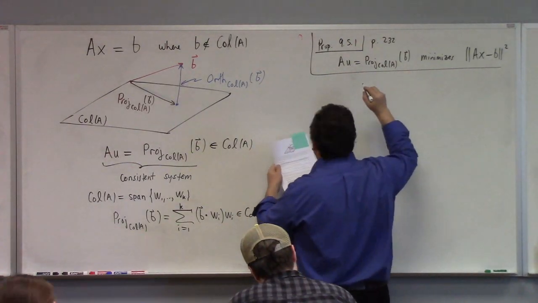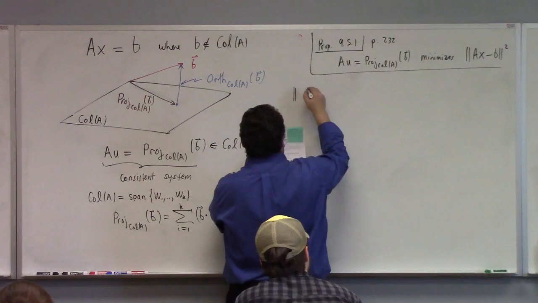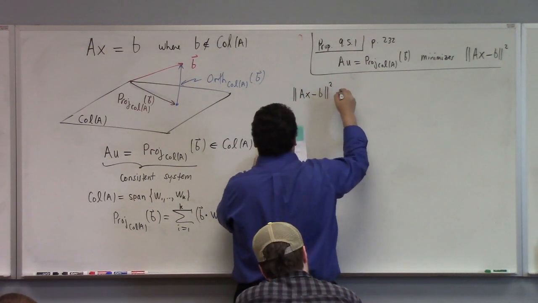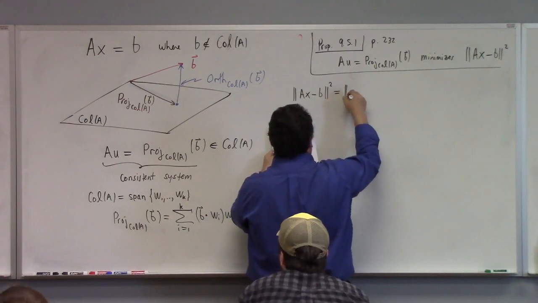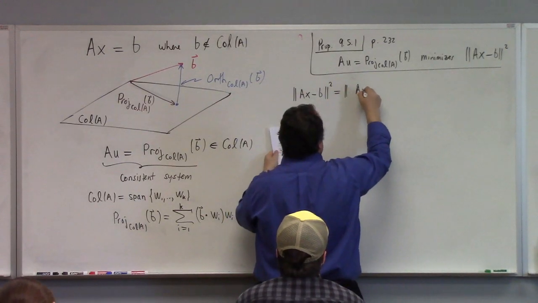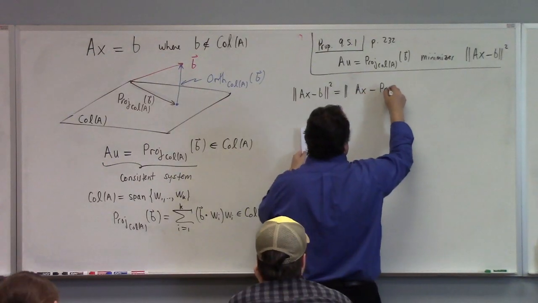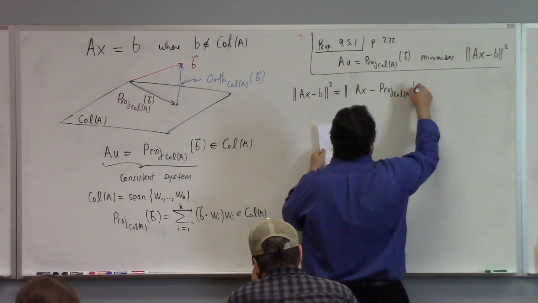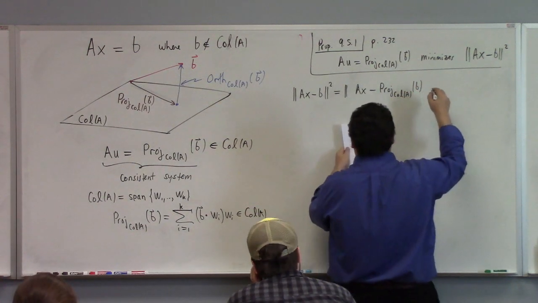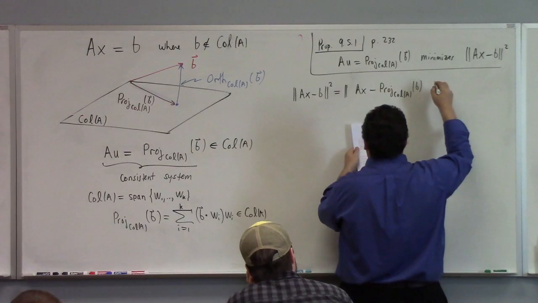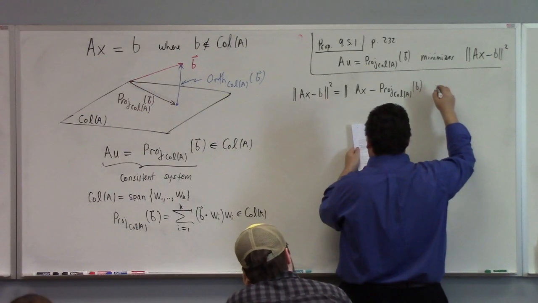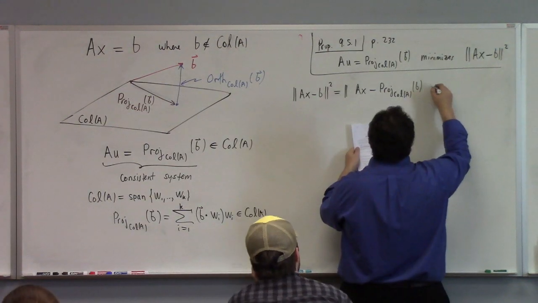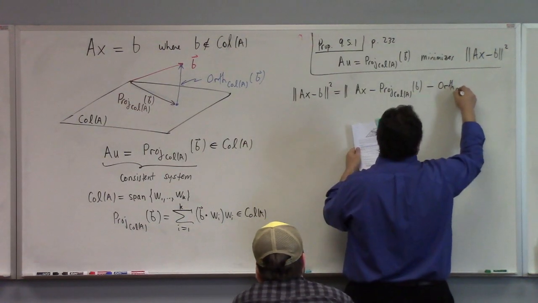And here's the calculation. If we look at the distance between AX and B for any X, then we can rewrite that as the length of AX minus the projection onto the column space of A of B, minus the orthogonal part.